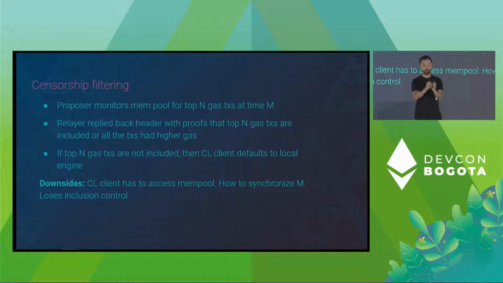So we don't really try to force transactions in, but we just want to make sure that the top N transactions are actually getting in. And here we're assuming that if someone did censor, someone will probably use a higher gas fee. So it's not ideal because you kind of lose inclusion control, but it's probably easier to implement.